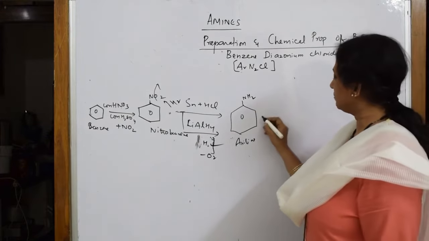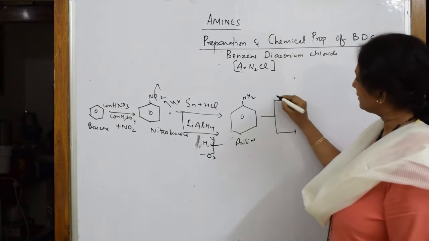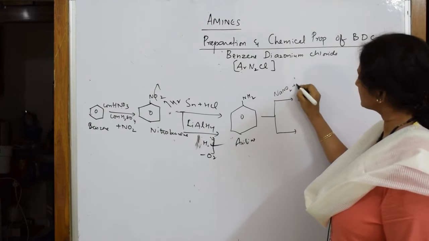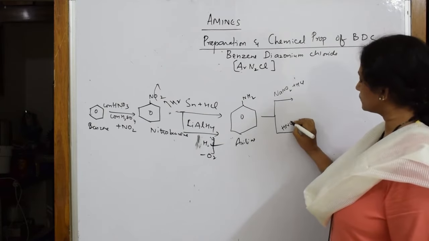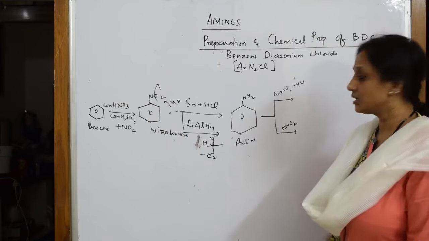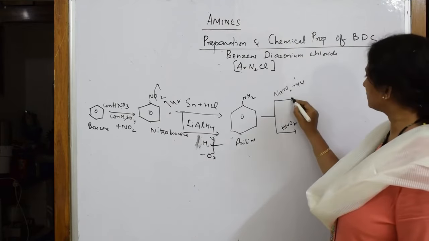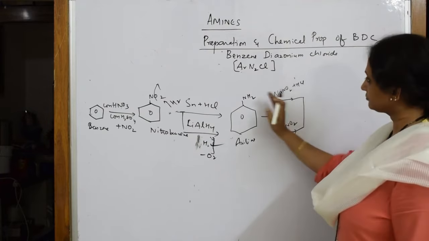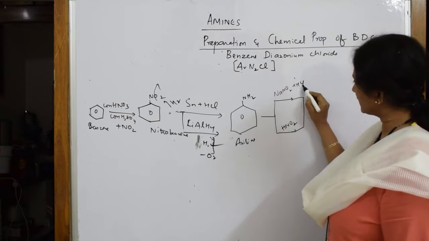Now I still have not prepared BDC. From aniline, BDC can be prepared by two methods. One, if you see in your paper, is NaNO2 plus HCl, one composition, or HNO2. Both will convert aniline to BDC. So what's going to form? Your HCl, isn't it?